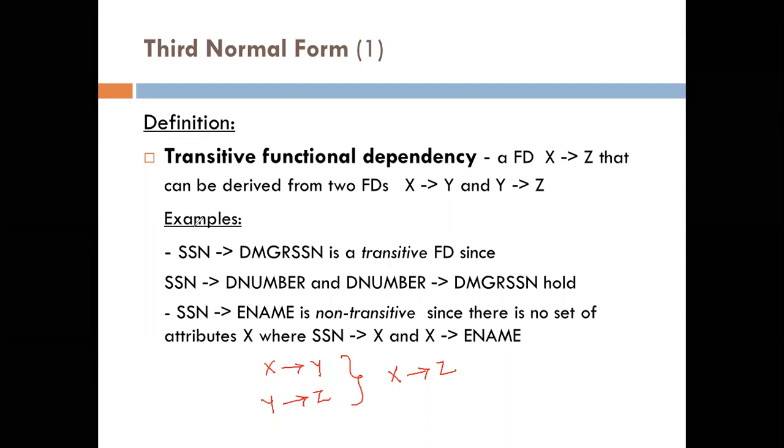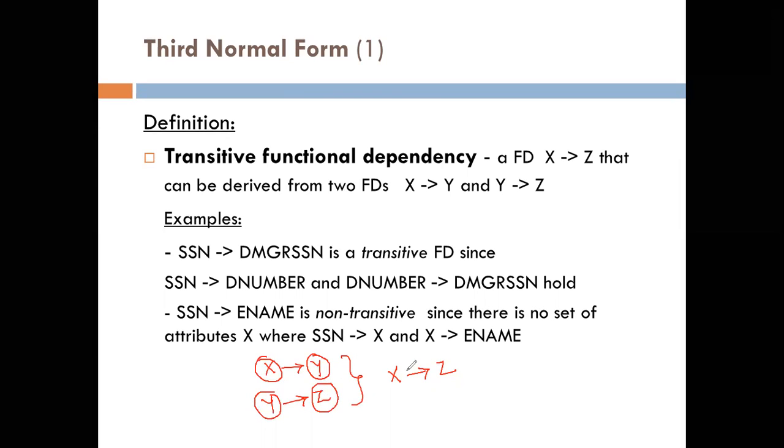This transitive functional dependency is also valid in the relation schema. The meaning of X determining Y is that the X set of attributes will uniquely determine the value of another set of attributes, that is Y. And Y is a set of attributes that is uniquely determining the value of Z attributes.